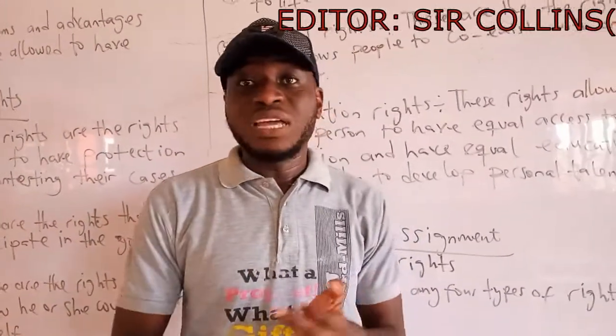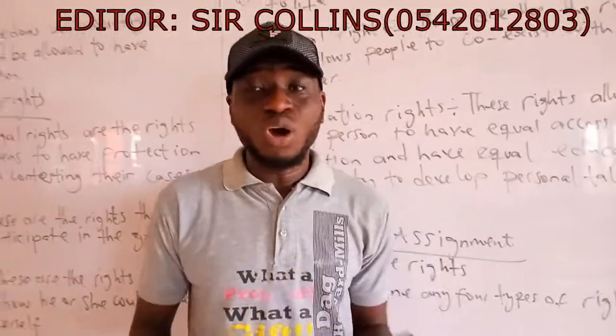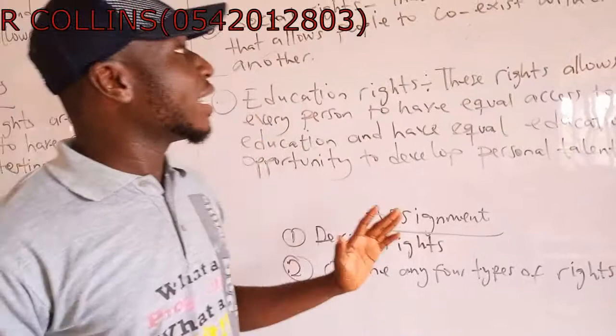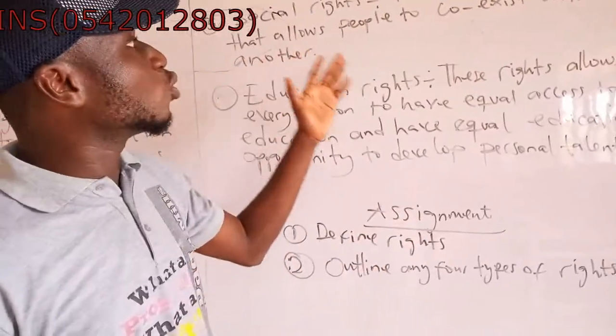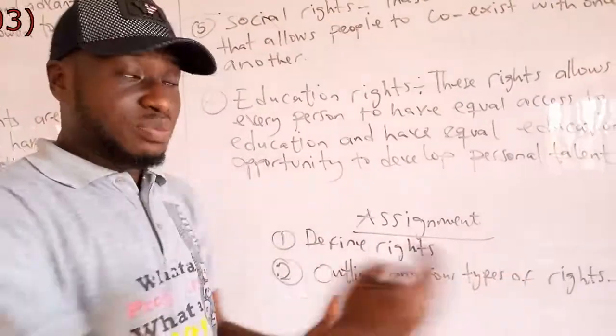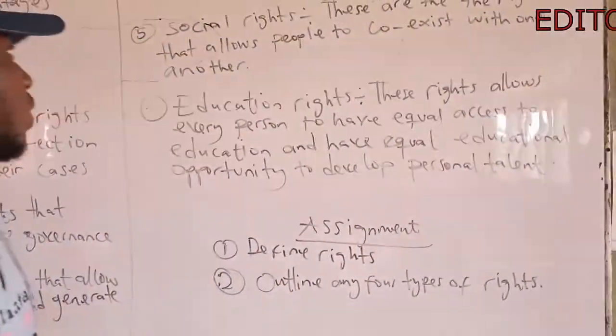You have the right that nobody can discriminate against you. Nobody can beat you. All those things fall under this social right. Coexist means that the right allows us to live with one another peacefully in the society. Good.